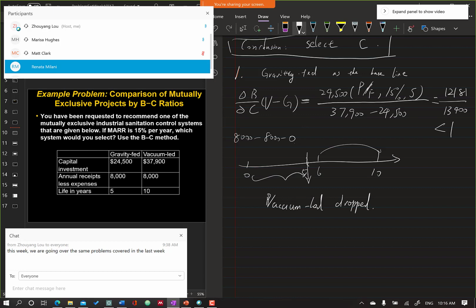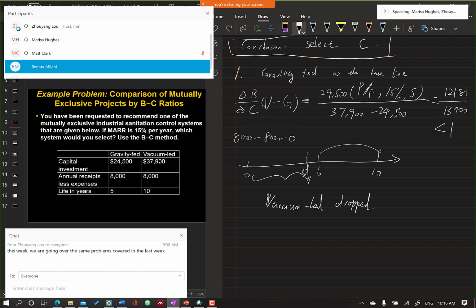Can you explain again why the second investment of the 24,500 is a positive change in benefit in the numerator? Okay, yes.